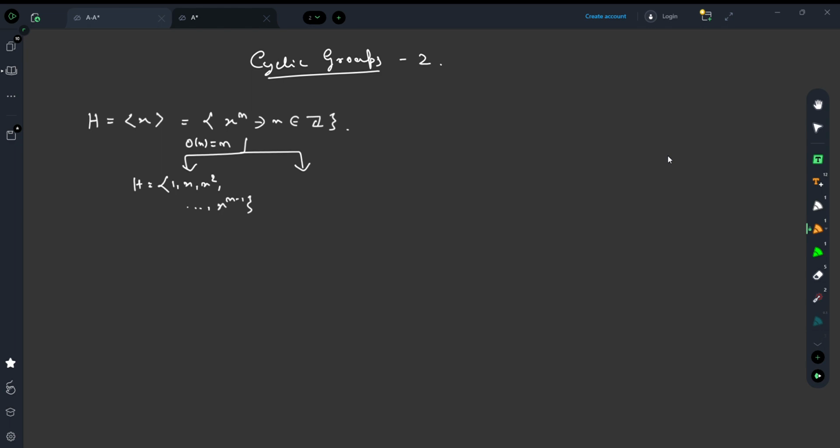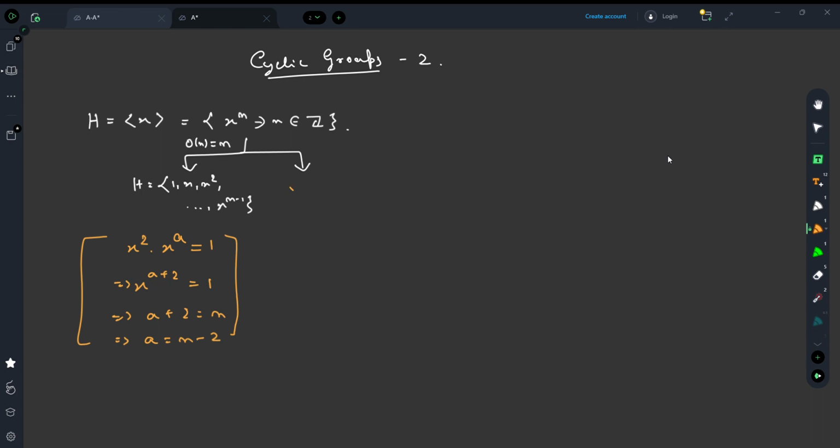But if you carefully observe, if you choose any element from here, say x squared, and x to the power a is its inverse, then x to the power a plus 2 must equal 1, which means a plus 2 equals n, so a equals n minus 2, and x to the power n minus 2 is indeed an element in this set itself. So there is no question of the inverse elements, right? It's quite obvious from here.